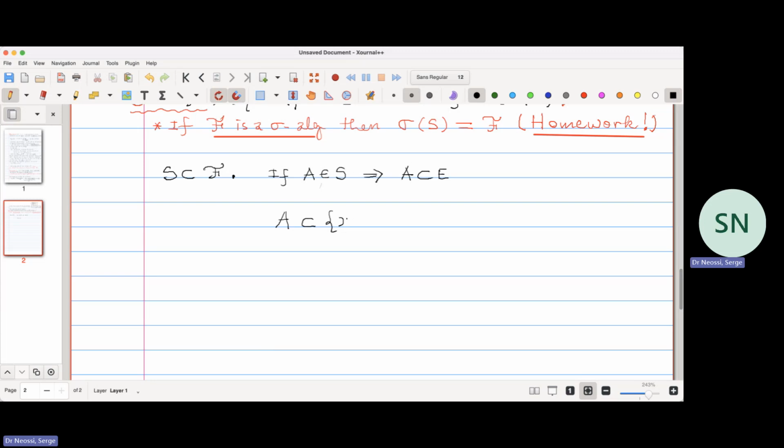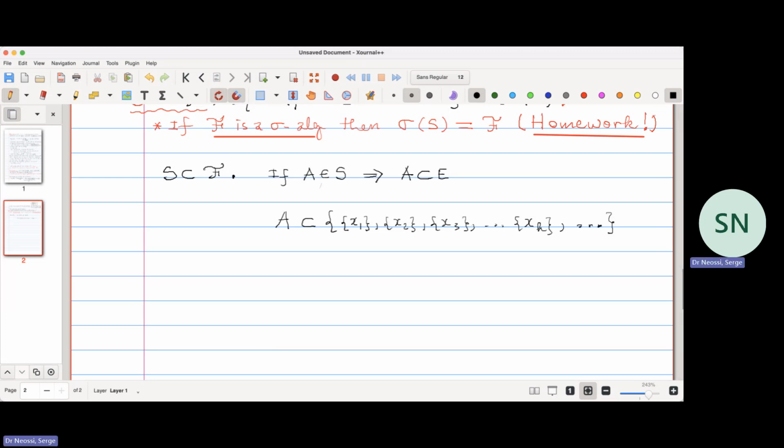Because E is countable, it will be something of this form: X1, X2, X3, Xk or Xn, up to infinity.